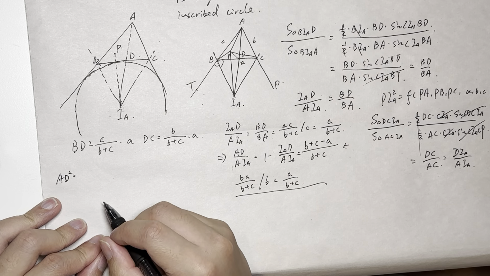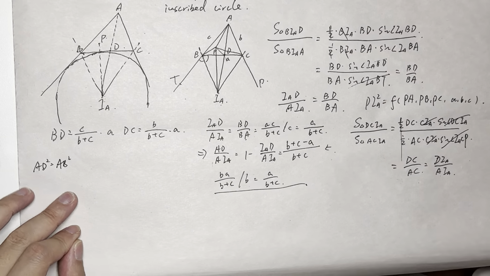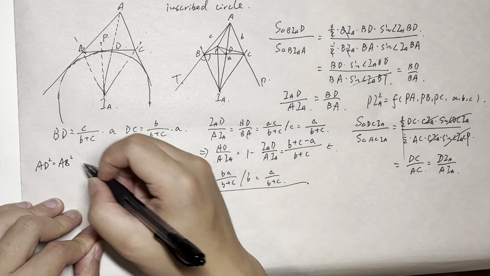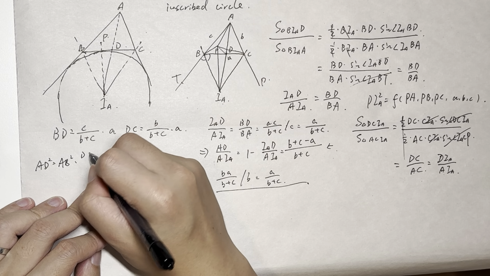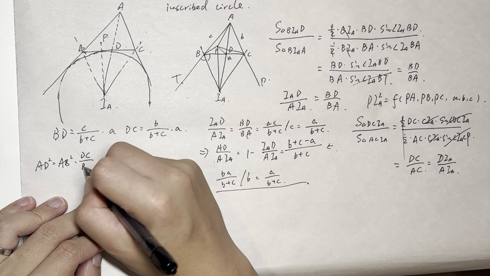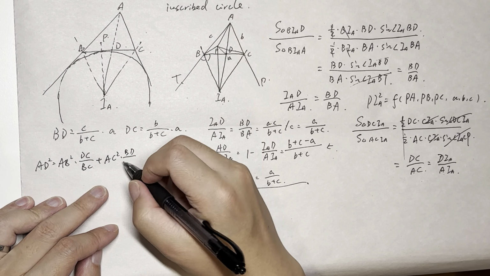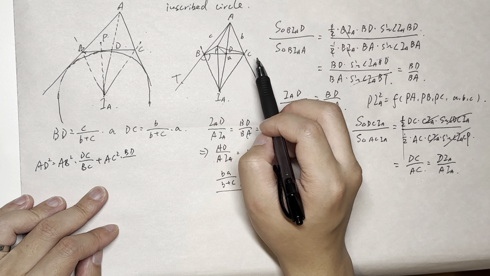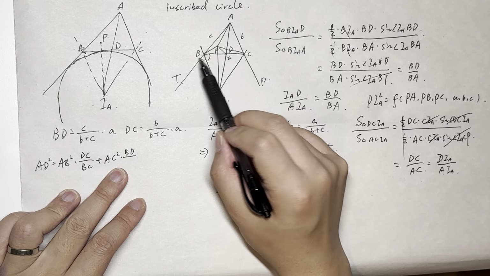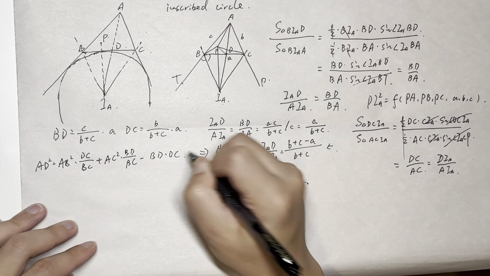AD squared equals AB squared times DC to BC plus AC squared times BD to BC, minus BD times DC, right?